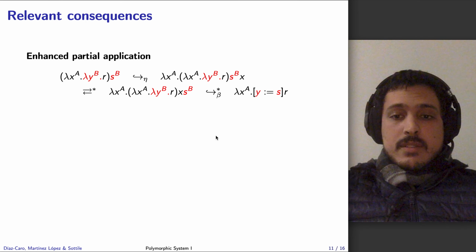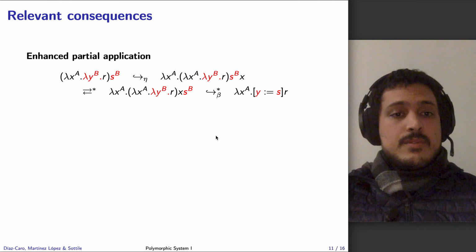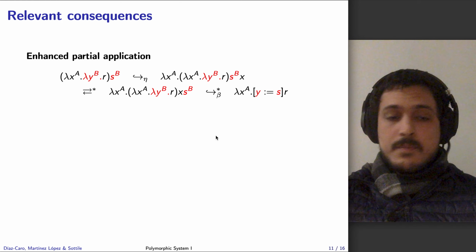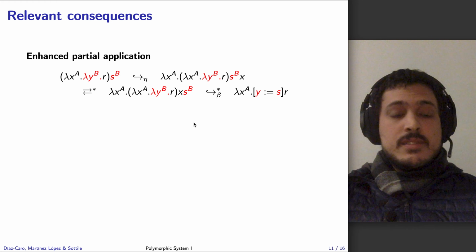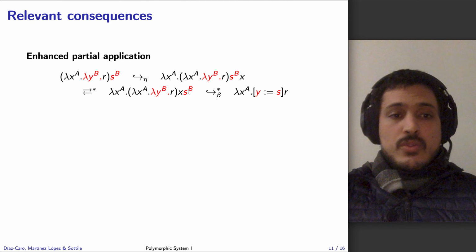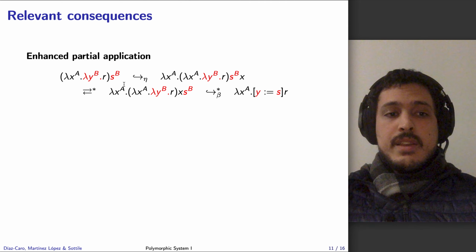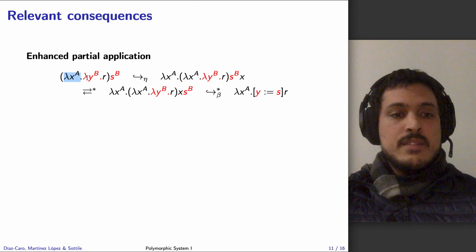So let's see some relevant consequences about these works. We have a sort of enhanced partial application. This eta expansion gives us that, because we are able to do this and to pass the argument we want, not taking into account which is the one that the function is actually expecting, right?